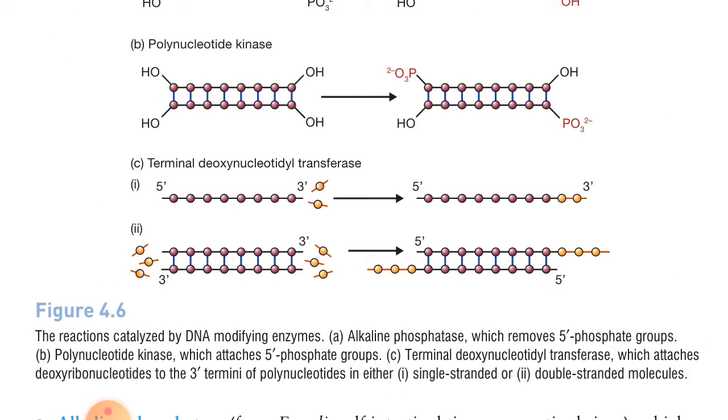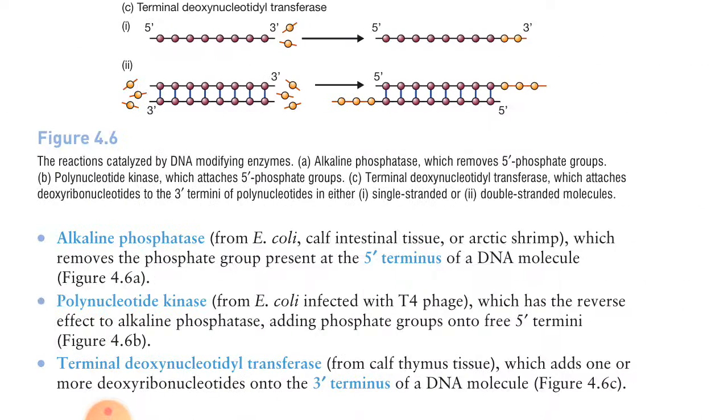Then the next example, polynucleotide kinase, is used for the addition of phosphate group. Alkaline phosphatase removes the phosphate group. Polynucleotide kinase adds a phosphate group. Terminal deoxynucleotidyl transferase adds one or more deoxyribonucleotides.